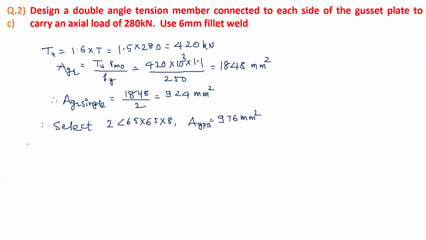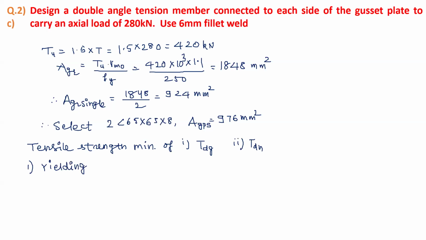So now tensile strength, minimum of one is TDG, another is TDN. Therefore, we will go first, yielding of cross section, yielding TDG, and we have formula TDG is equal to, double angle we have, so AG provided Fy upon gamma m.